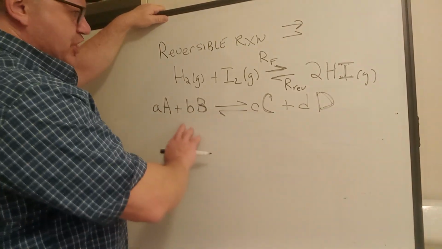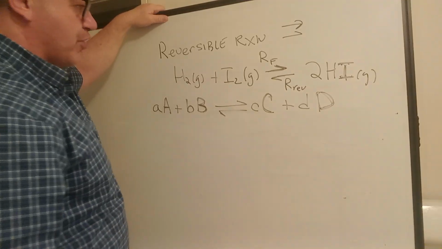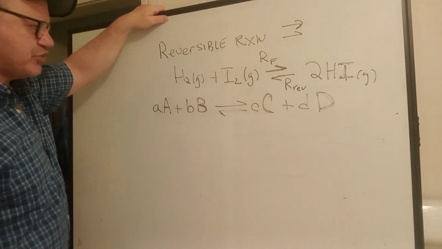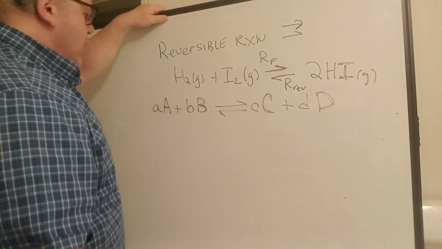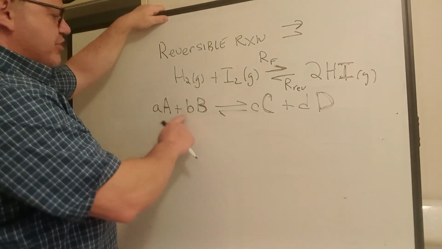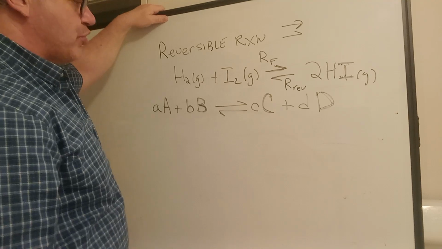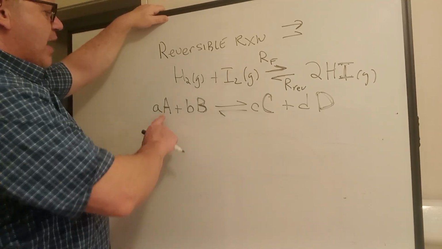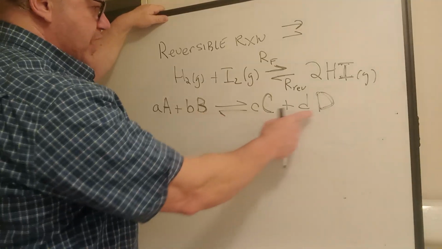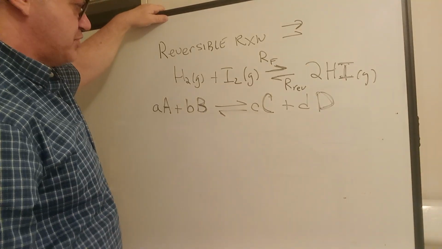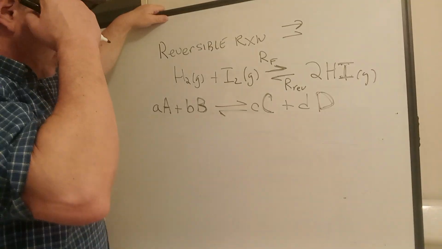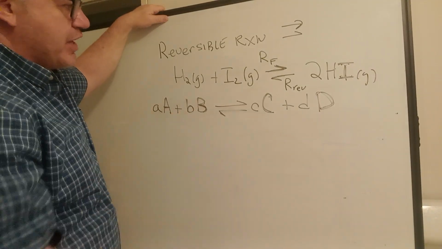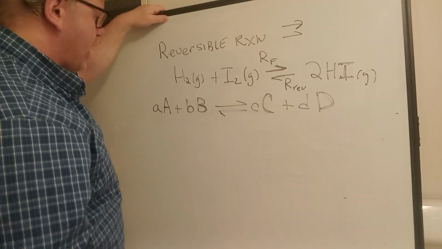So we can write a general form of this just for an arbitrary reaction. I like to do that to set things up. The lowercase letters denote the stoichiometric coefficients of a balanced equation, and the capital letters denote the chemical identities, the chemical species: molecules, atoms, ions, etc. And typically when we get going, we can take note of phase as well.